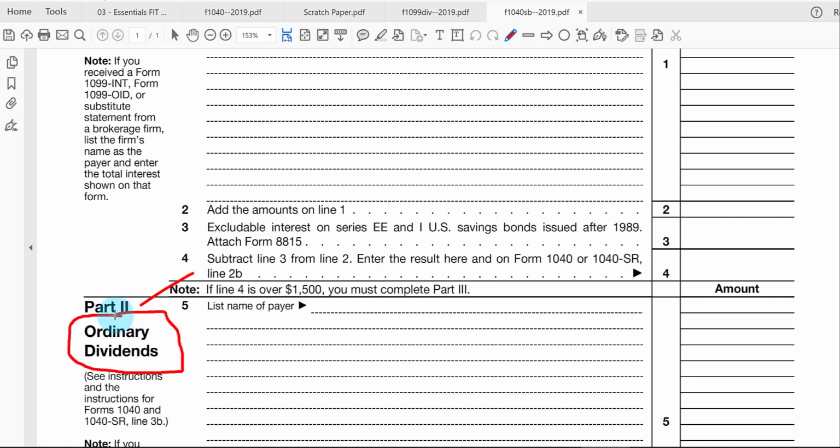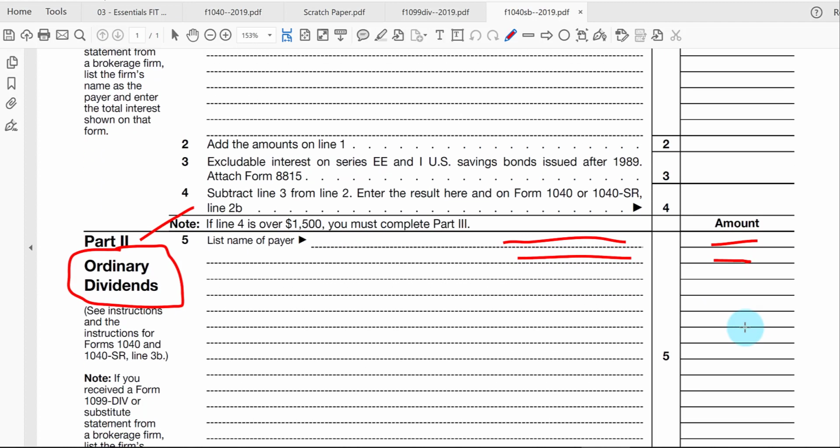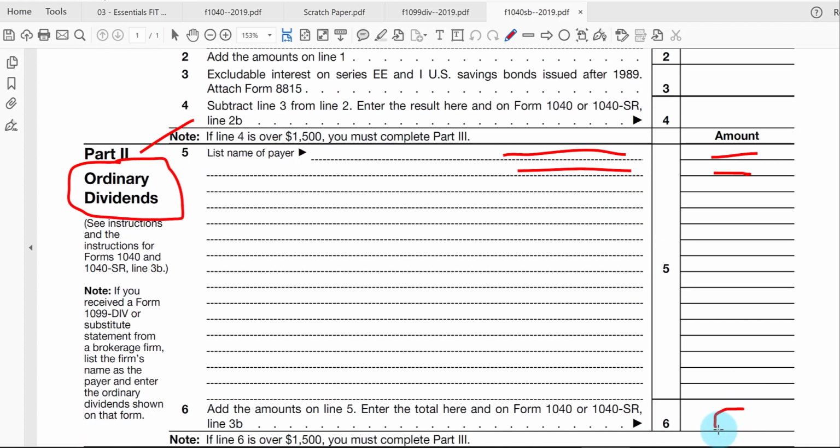Remember again, included in ordinary is the qualified dividends also. So you would write out the name of the corporation or exchange traded fund and then the dollar amount. And then the next 1099 DIV, ordinary dividend, and the dollar amount. And you take a total here at the bottom that you carry back to Form 1040 in line, the right-hand column 3B.